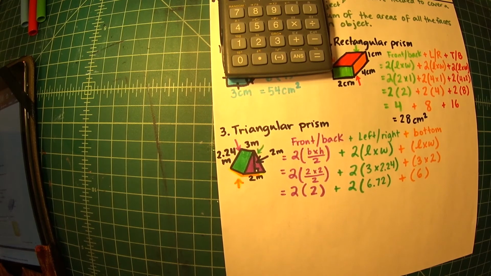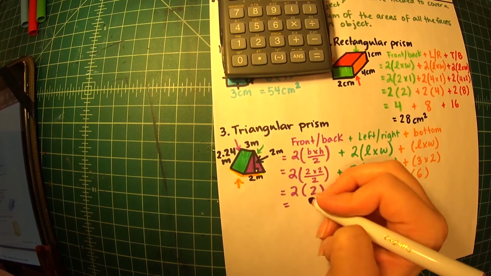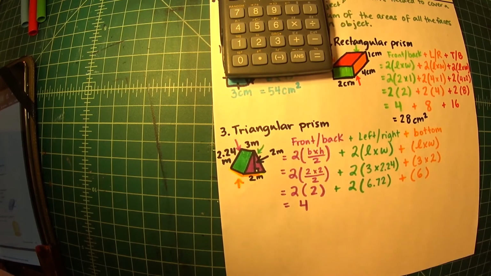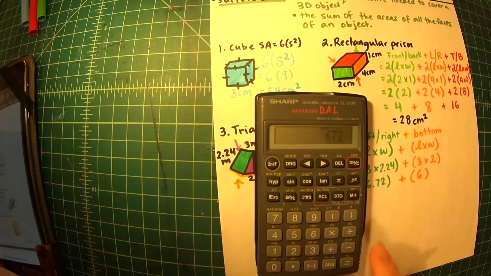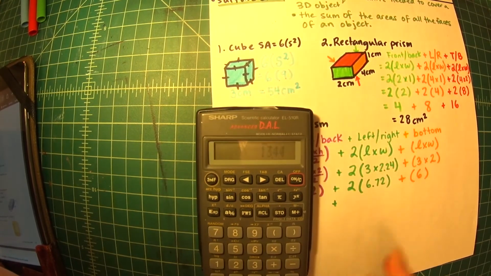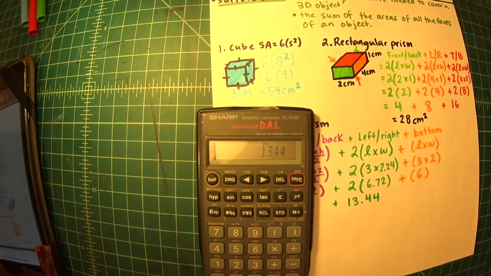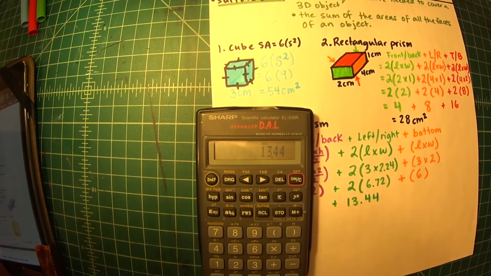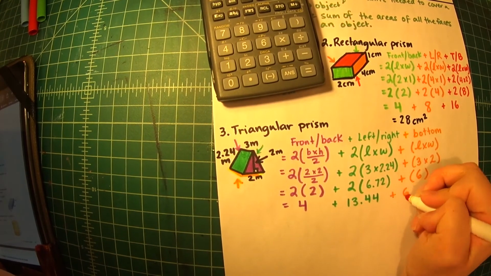Okay, so now let's double these up. So to take care of both the front and back triangular face, 2 times 2 is 4. To take care of both the left and the right, 2 times 6.72 is 13.44. And I don't need to double up the bottom because on a triangular prism there's only one bottom, so that just stays as 6.